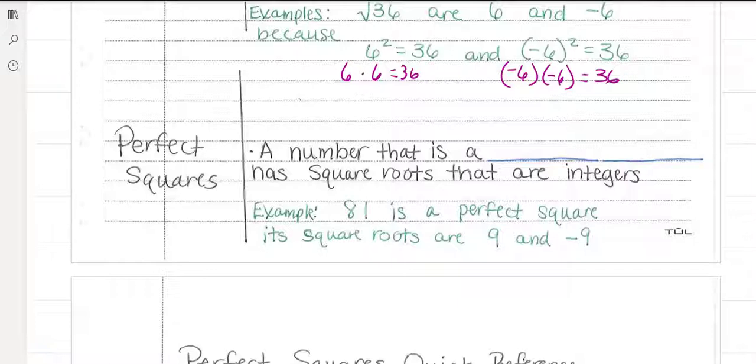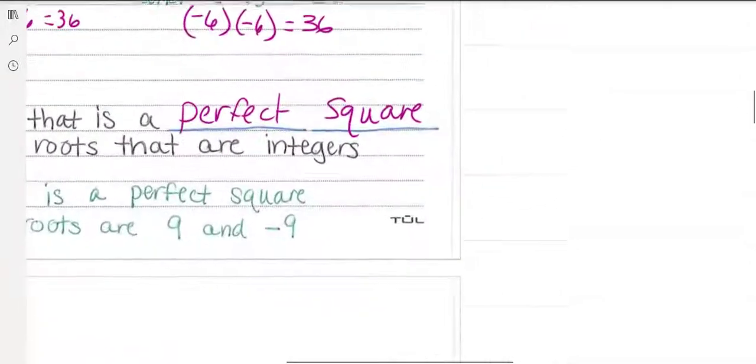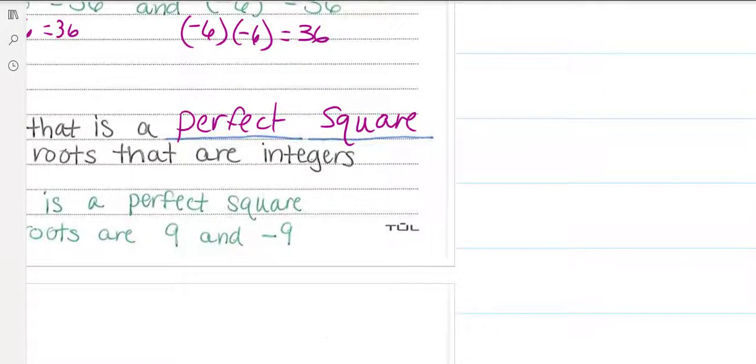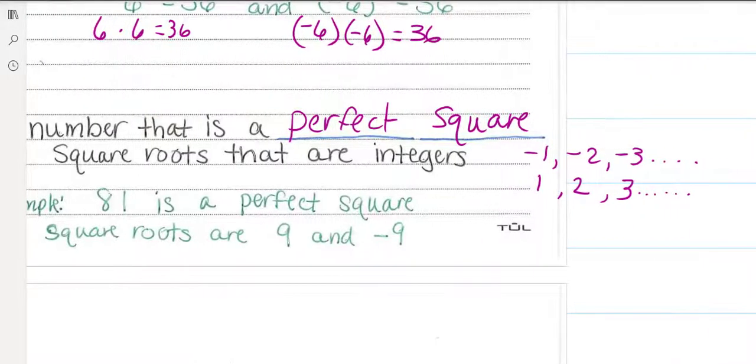So a number that is a perfect square has square roots that are integers. And when I'm speaking about integers, we know that we're talking about the negative numbers like -1, -2, -3, so on and so forth. And we're talking about the positive numbers like 1, 2, 3, so on and so forth. Okay? So whole numbers and their opposites. If you square these numbers, their answers are perfect squares.